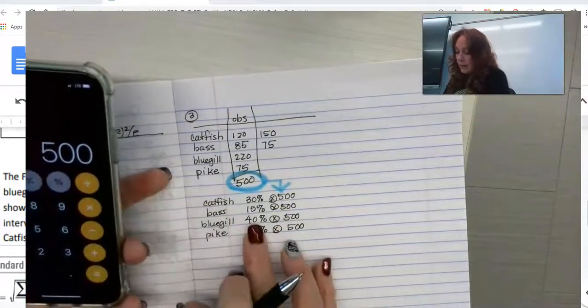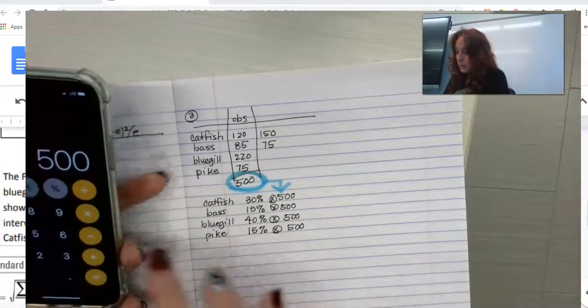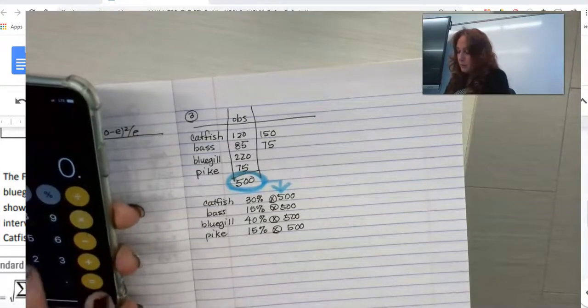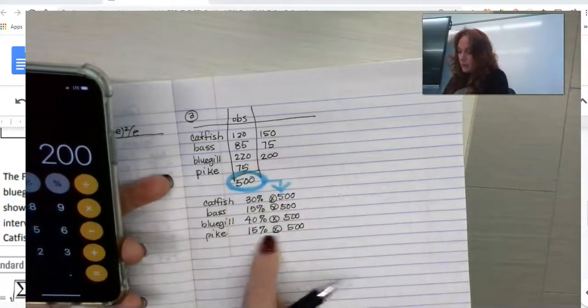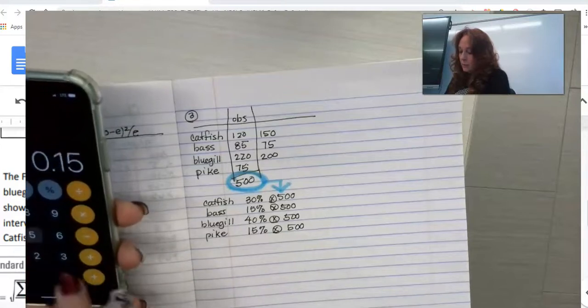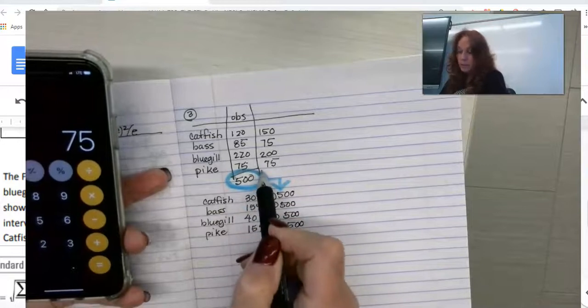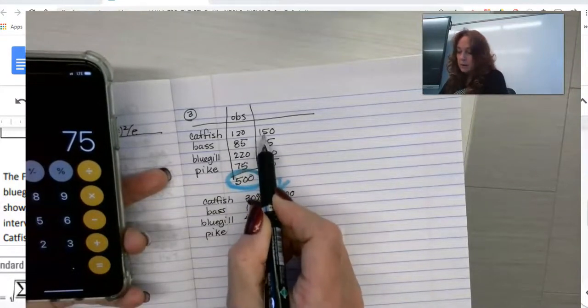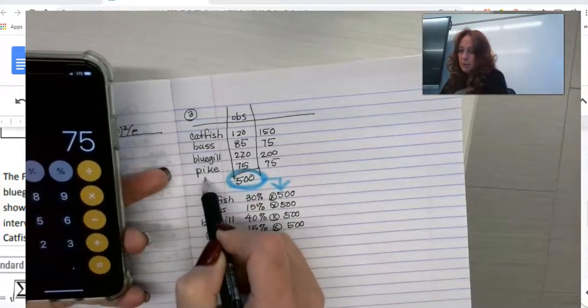Now I can do that in my head and I know it's 200, but I'm not going to do it in my head because my head's a liar. So times 0.4, I get 200, and then 15% of 500, so 500 times 0.15, and you get 75. That looks good. Now these are a little off, but your sample size is pretty big and you have 4 categories.